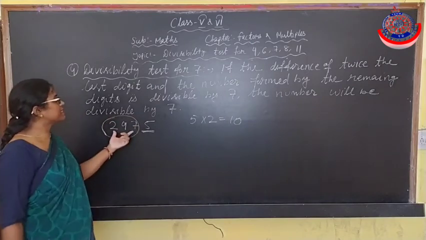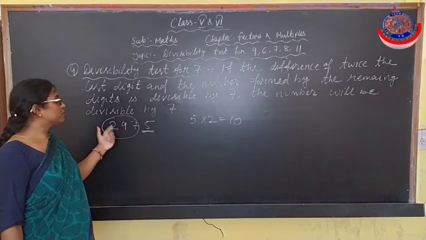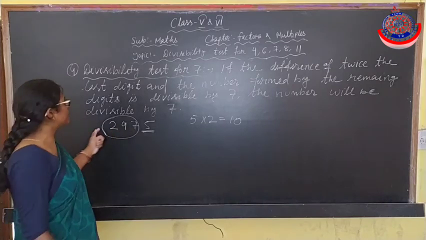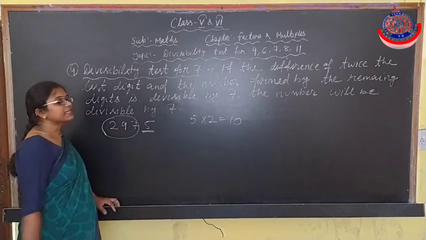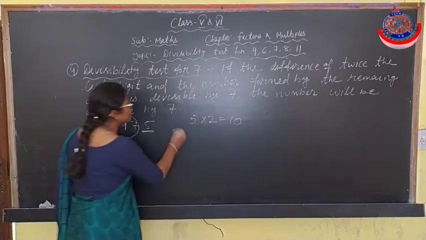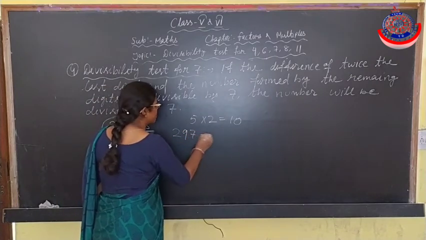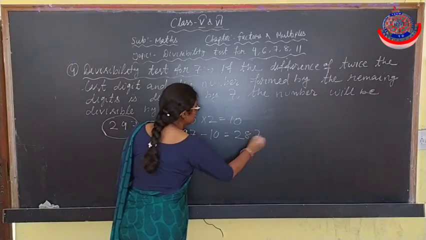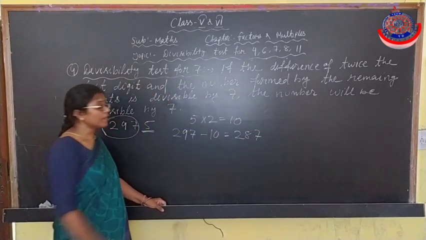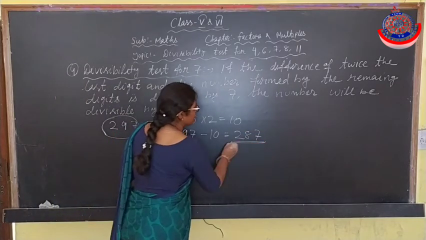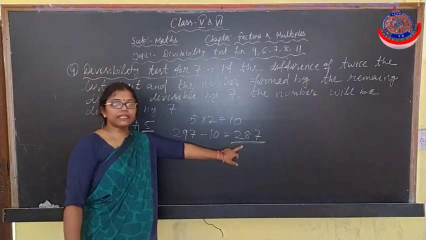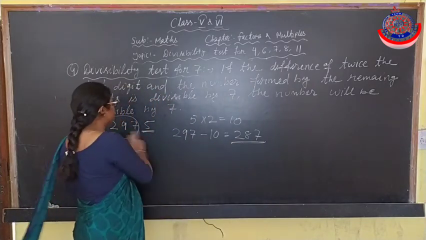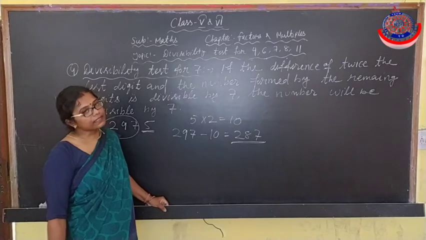What are the remaining digits here? 297. Then the difference, 297 minus 10 equal to 287. Now we will check. If this is divisible by 7, then the number 2975 is divisible by 7.